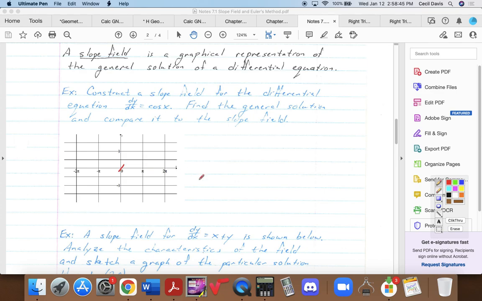I'm going to make a little mark across here with a slope of 1, at a 45-degree angle. And that should be true everywhere where x is 0, right? The y value doesn't matter. So these are all going to have a slope of 1. I'm trying to make them close to a 45-degree angle, but I get worse as it goes on.